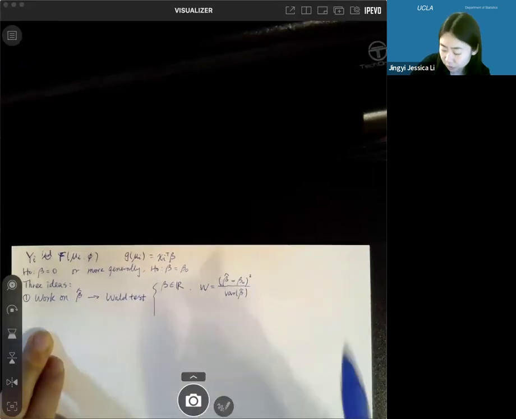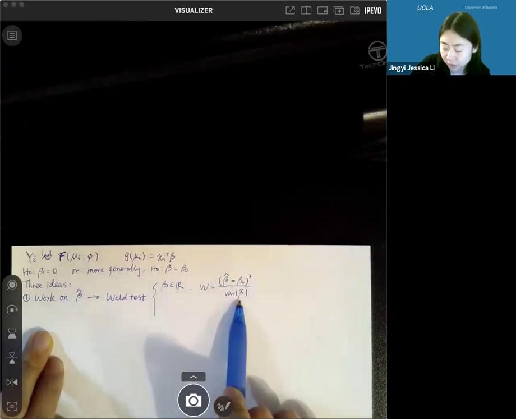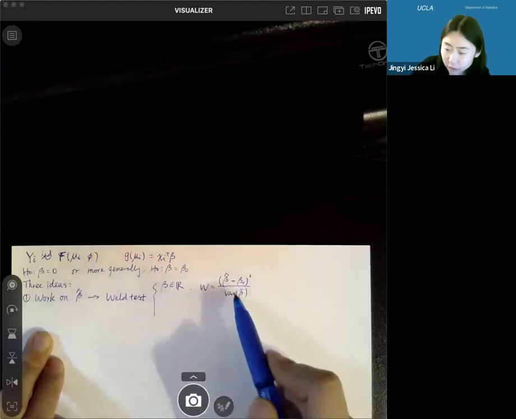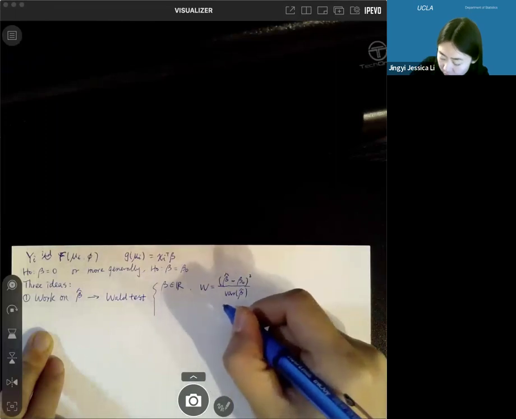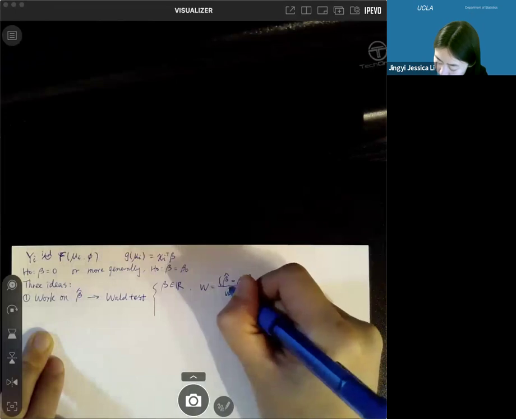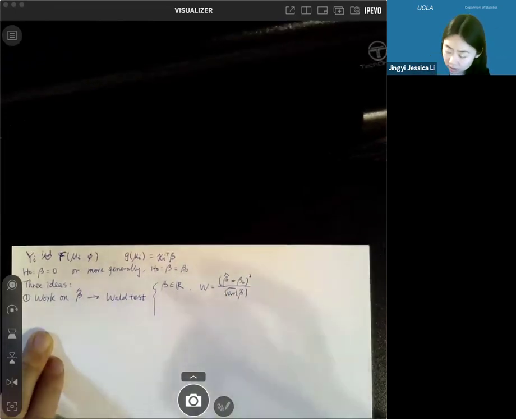And in many cases, we don't have the variance known because the variance may involve some other parameters, like the sigma square in the linear model. We will plug in those parameters, then this variance will become variance hat. So we may need to put a hat on the variance as well. That's the one-dimensional Wald statistic.